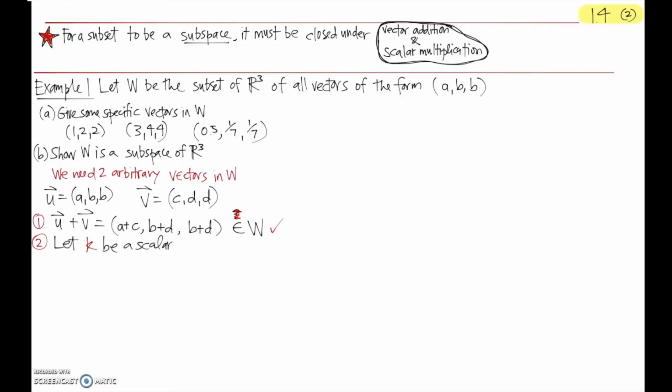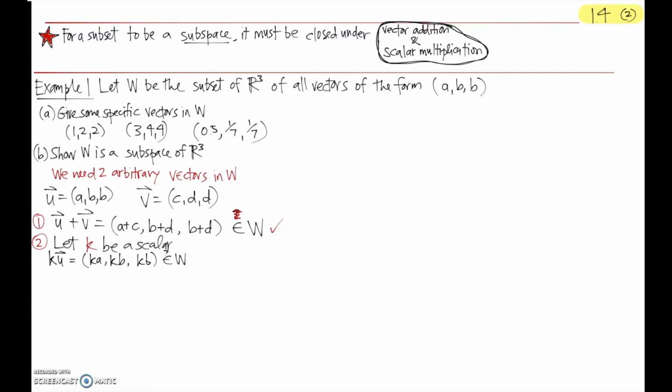Then we can look at scalar multiplication, like K times the arbitrary vector U. In this case, that'll be K times A, K times B, K times B. And so our question there is, is this an element of W?